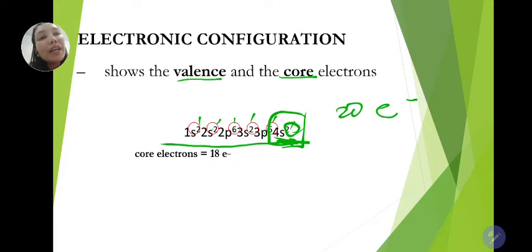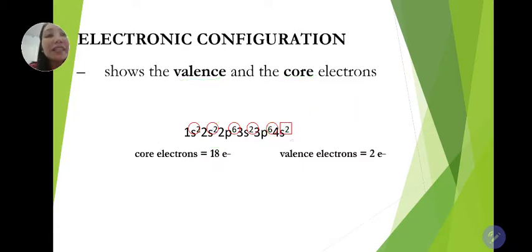Etong mga remaining electrons na encircled with red are our core electrons. So they are 2 plus 2, 4 plus 6, 10 plus 2, 12 and plus 6 is equal to 18 electrons. And our valence electron, yung nasa outermost shell, is equal to 2 electrons.